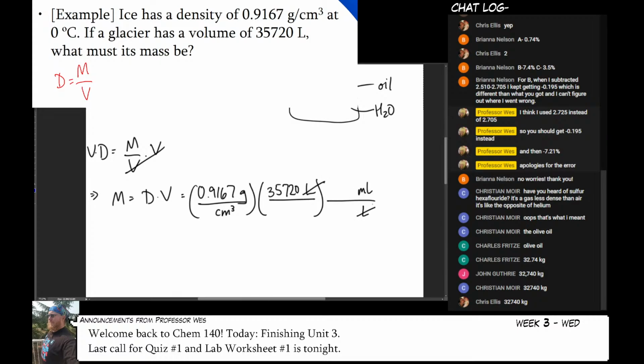So those will cancel. And then remember that fancy conversion I talked about, where milliliter and centimeter cubed were the same thing? That's convenient. Now I can cancel this one out with this one, and the only unit that's left is grams. So again, dimensional analysis, your best friend. Just cancel out everything if you can.